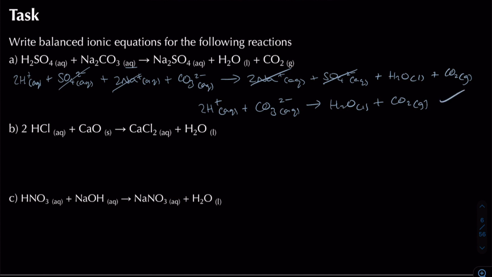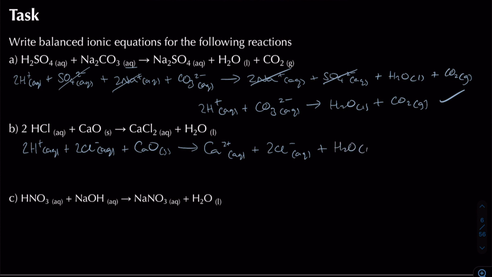Looking at the next one then, again, I'm just going to follow the method as I did before, where I'm going to take the ions, I'm going to cancel off what I've got on either side.